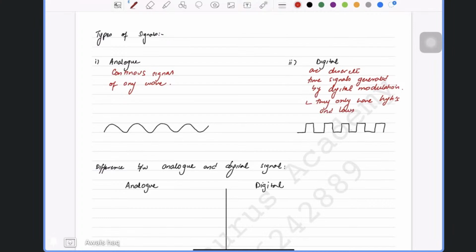An analog signal looks like a wave. A wave has different energies at different points, but digital has only one or zero. One is called high, because a computer only understands zeros and ones. So the computer changes the signal into a digital one. Do you understand?